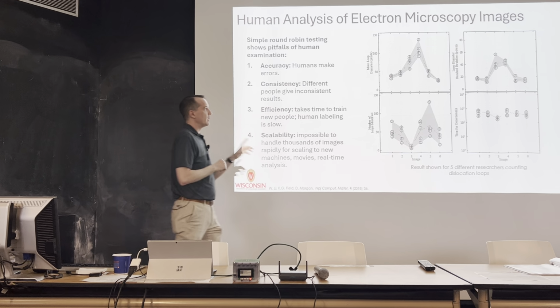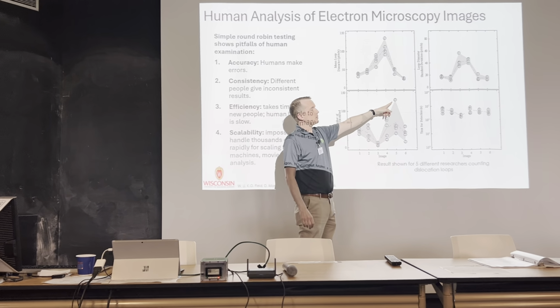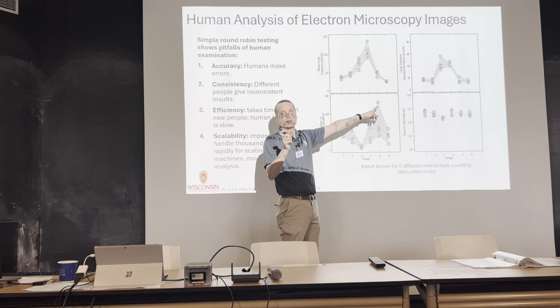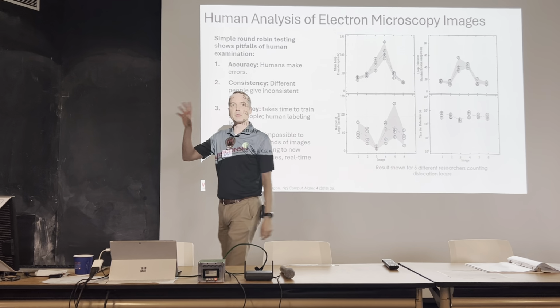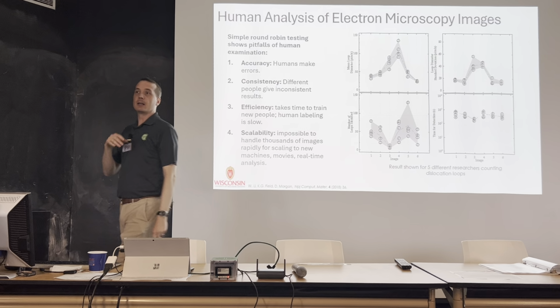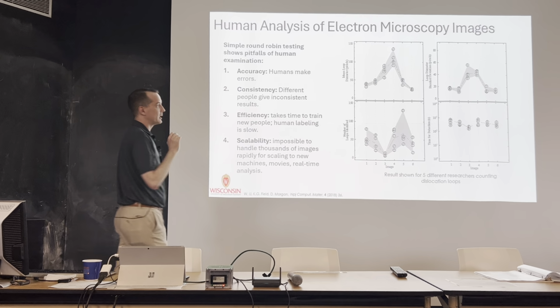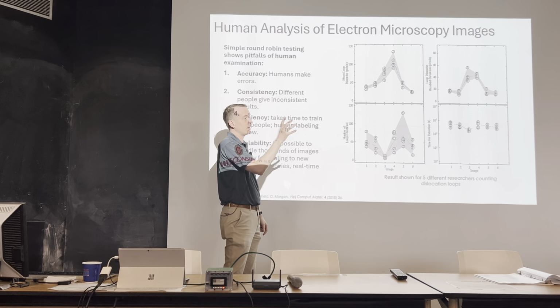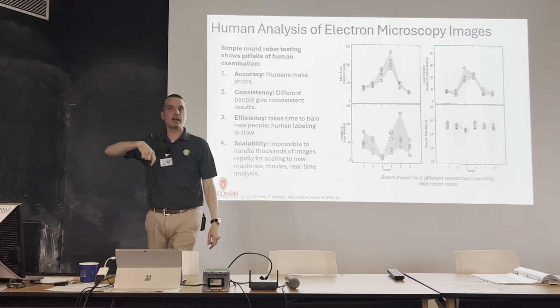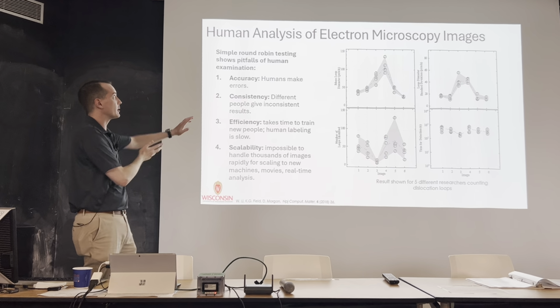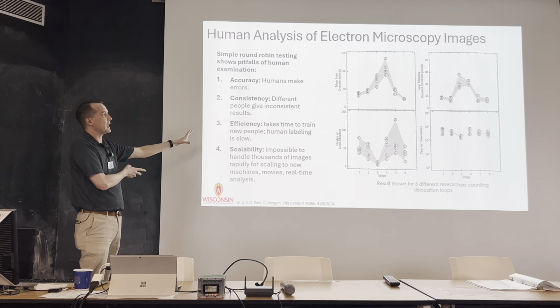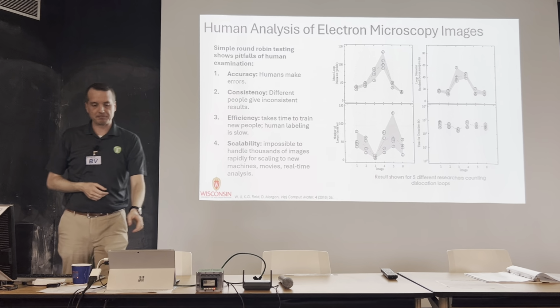Maybe this user changed the contrast afterwards, right? They applied some other image processing algorithm that they always use, and they've never defined it, or they never put into their papers that they did it that way, but that's what they always do. So it allows them to see things a little bit differently, and they count more or they count less, depending on that. So there's a lot of variability and bias in that workflow from that system.